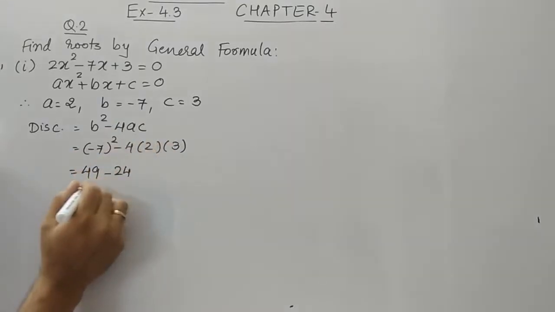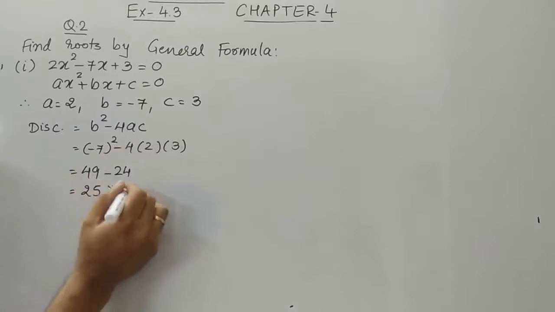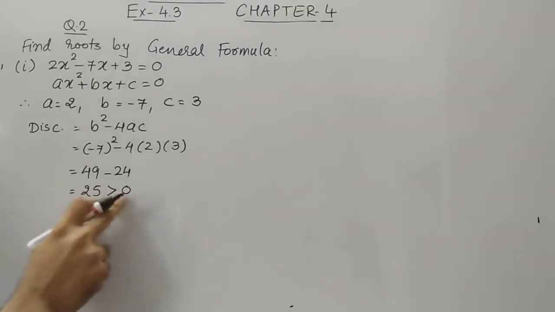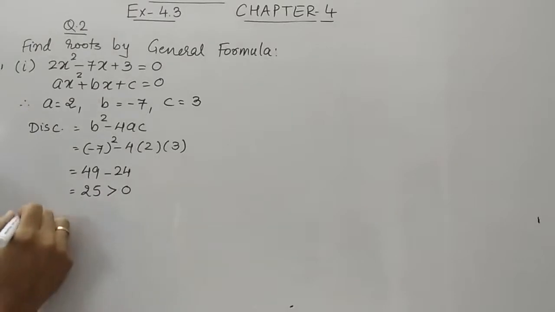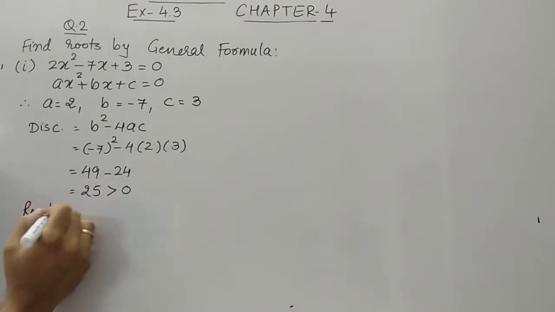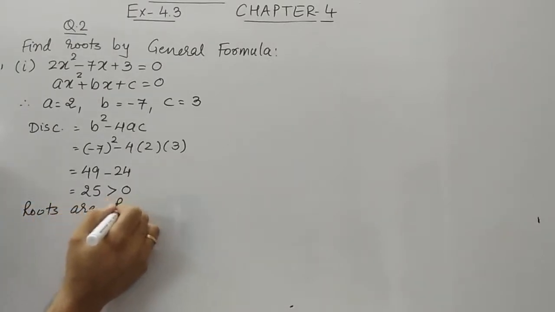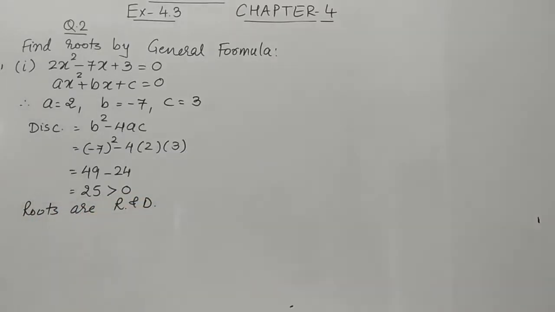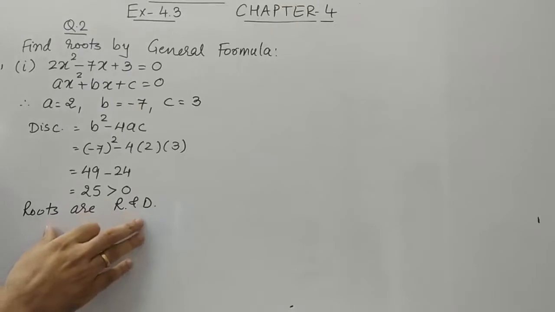So you can see that the value is 25, which is greater than 0. So according to the nature, we can come to the conclusion that here the roots are possible. So the value of discriminant is greater than 0. तो हम बोल सकते हैं the roots are real and distinct, which is not compulsory to write down. मगर this is for the general information.